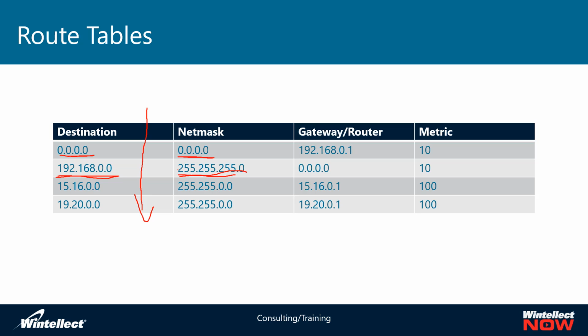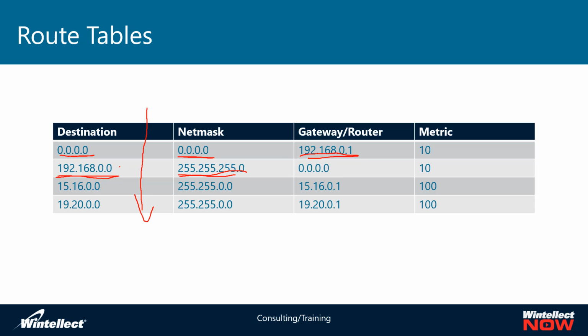Typically, all routers have a catch-all rule, and it's the default gateway. So whenever you go into your internet connection settings, you're going to find something called a default gateway as part of the IP configuration on your network, and that's because the catch-all rule in a route table is going to route anything that it doesn't match to that default gateway.